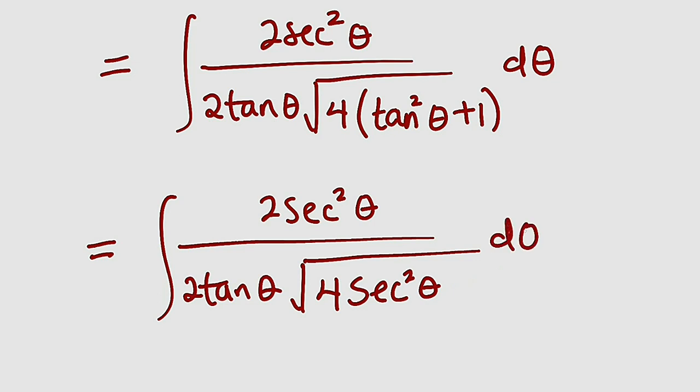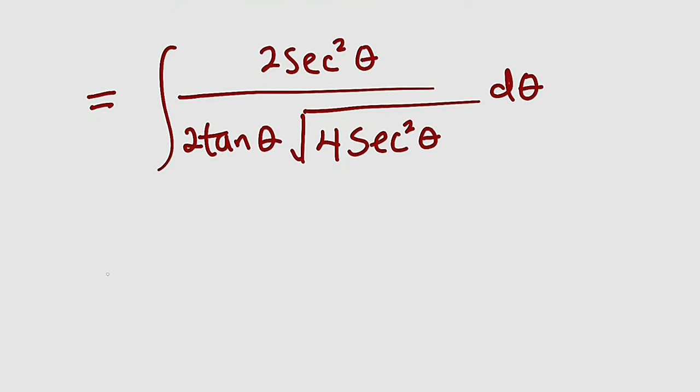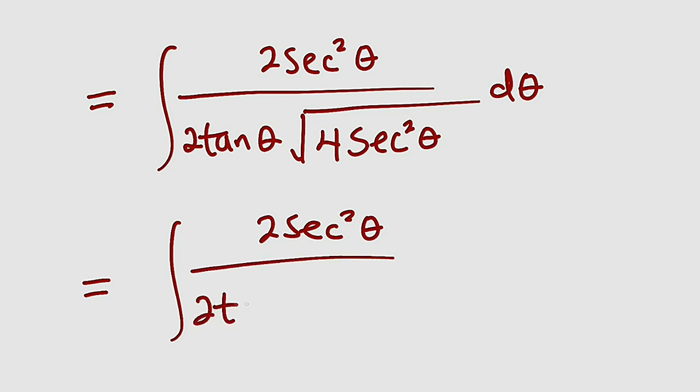Remember, we have d theta here. All right. Square root of 4 is 2. Square root of secant squared theta is going to give us secant theta, right? So this is equal to the integral of 2 secant squared theta divided by 2 tan theta multiplied by 2 secant theta d theta.